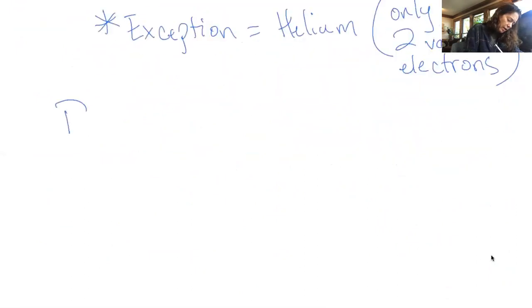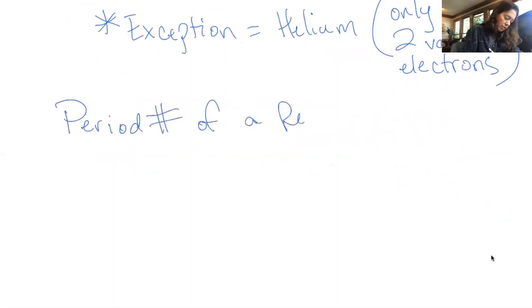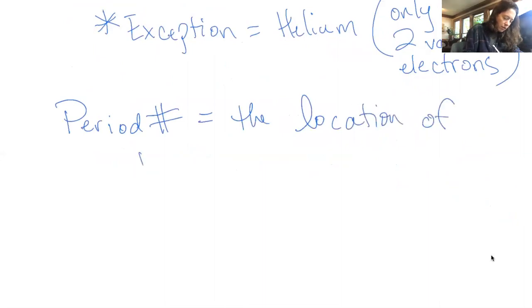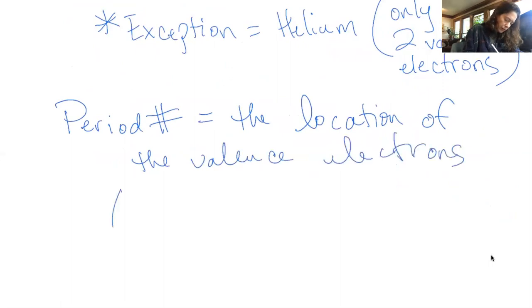And the period number is equal to the location of the valence electrons. It also equals the number of energy levels.